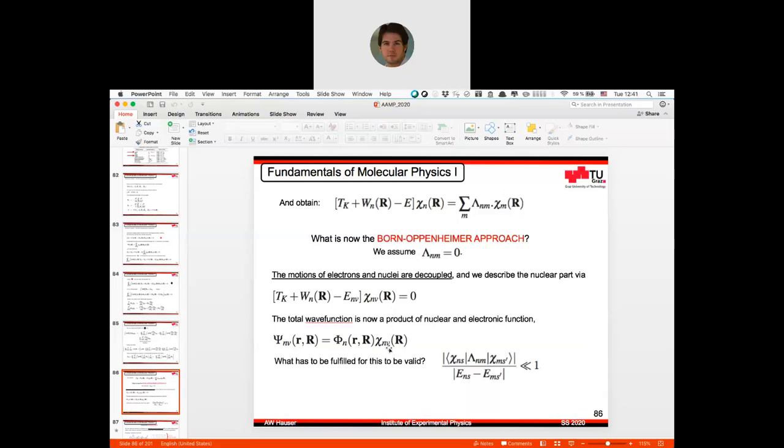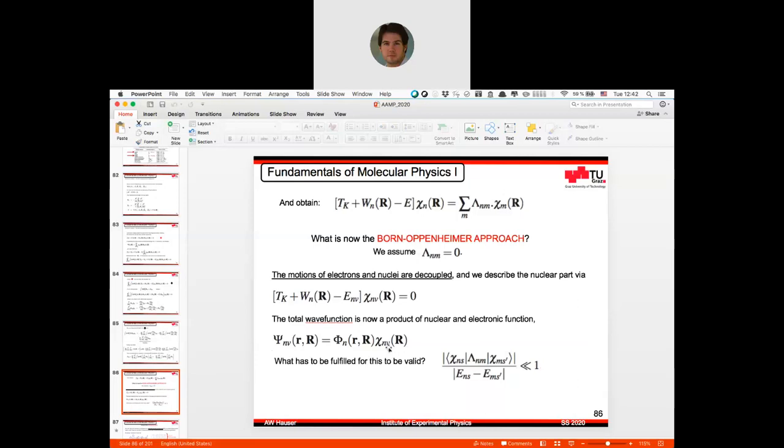So the corresponding total wave function is simply the electronic wave function in the state n, for example the ground state, multiplied with chi n nu, which is the nu-th vibrational eigenfunction in the potential energy surface given by the electronic state n. And this is our approximation in the Born-Oppenheimer picture.